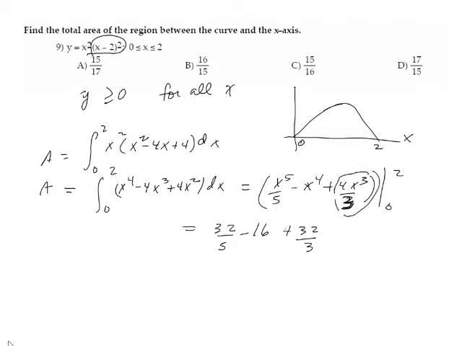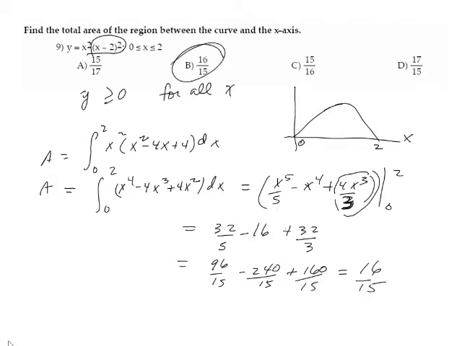Always check your work. And so this becomes 96 fifteenths minus 240 fifteenths plus 160 fifteenths equals 16 fifteenths, which is answer B.